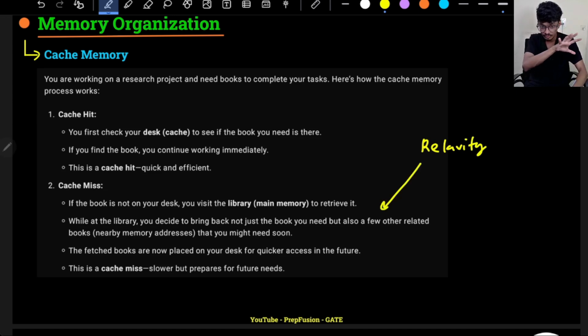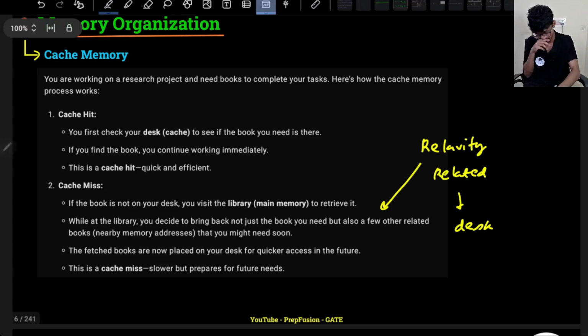Also you will get a few other related books, and then you will keep them on your desk, because while studying this relativity concept, maybe this book is not enough, I may need to study another book as well. So that next time if I again need more information about relativity, I don't need to go to the library, I can directly take the book from my desk.